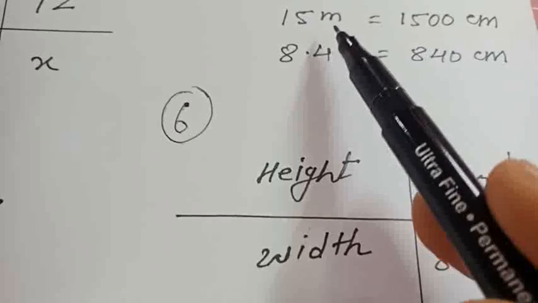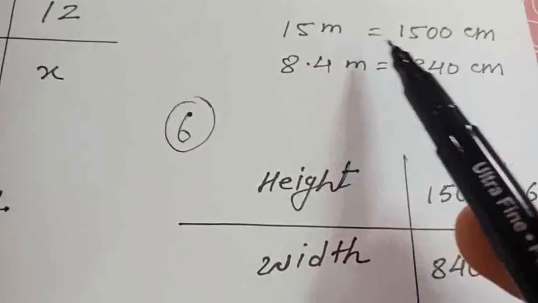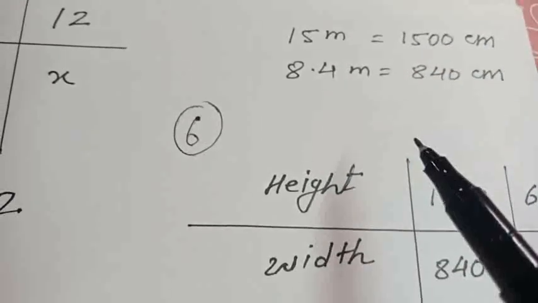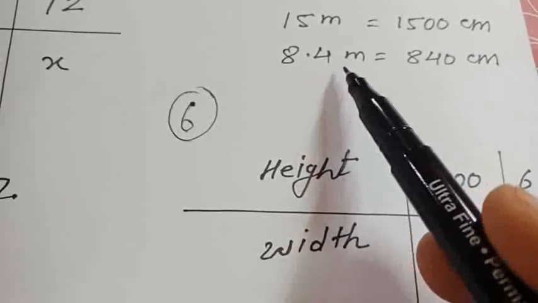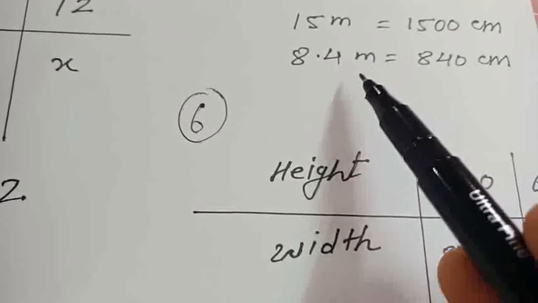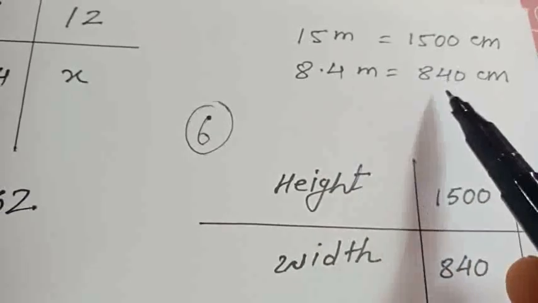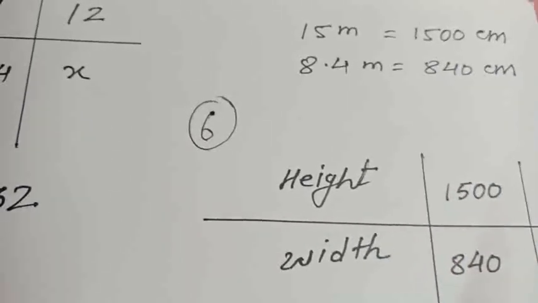I have changed this 15 meter into centimeter. So it has become 15 meter is equals to 1500 centimeter. And its width is 8.4 meter. Again I have changed it into centimeter. That is 8.4 meter multiplied by 100, so you will get 840 centimeter.